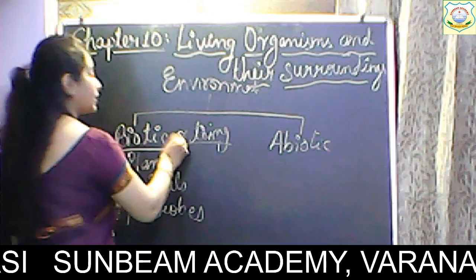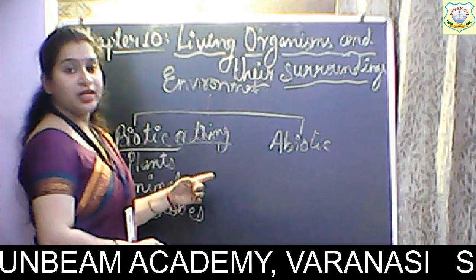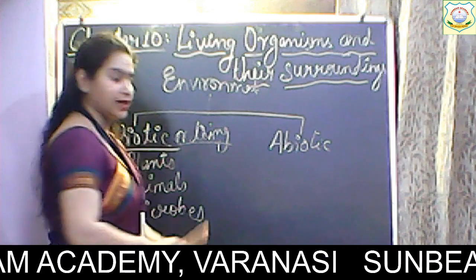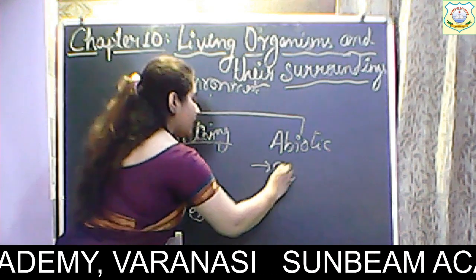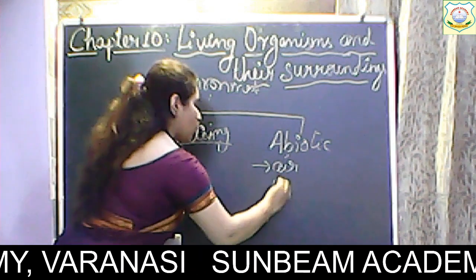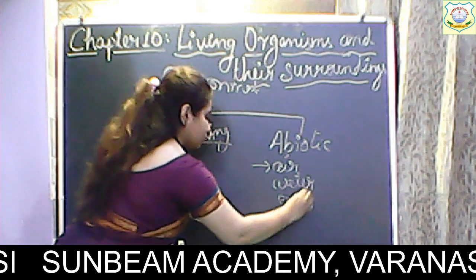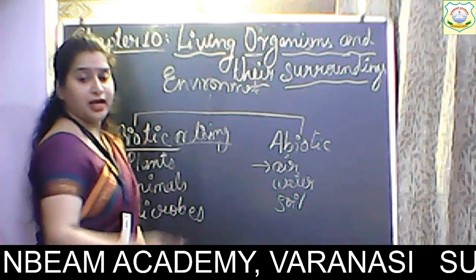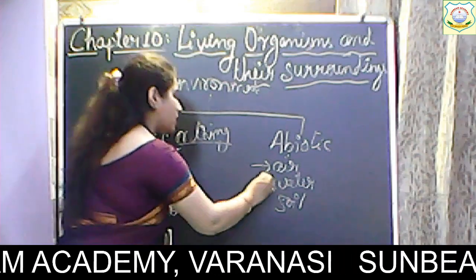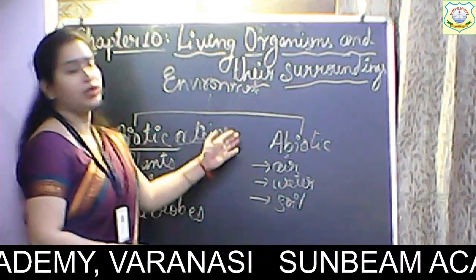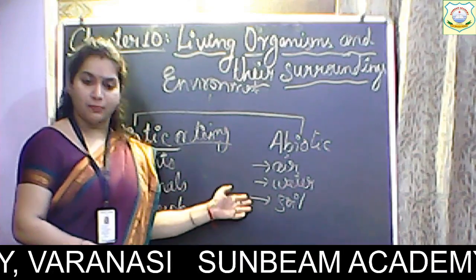Okay. Abiotic component includes every other thing like air, water, soil, even chair, table, everything, this board, duster, everything is included in abiotic component.